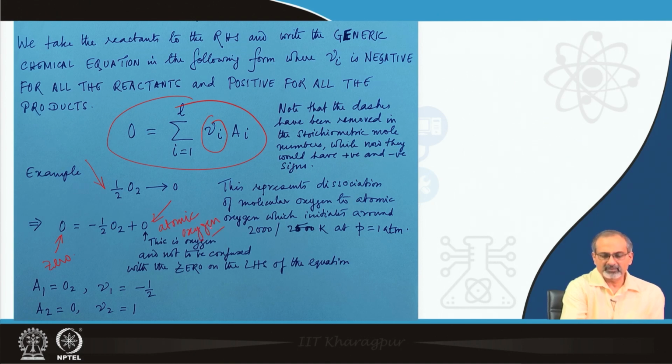They should not be confused, because they almost look identical here, but once you get them into a form like this, you can very well understand that there are two species, A1 and A2 respectively, of O2 and O, and the corresponding stoichiometric mole numbers nu 1 and nu 2 are minus half and 1. So, this minus came up because the reactant has moved to the other side.